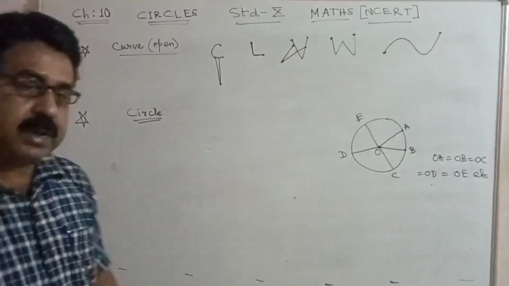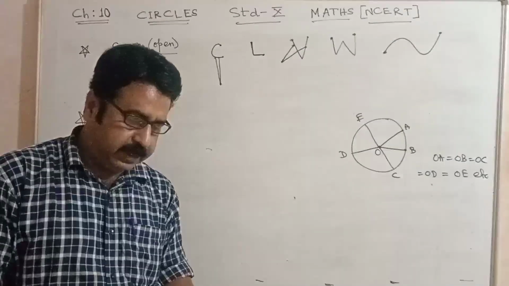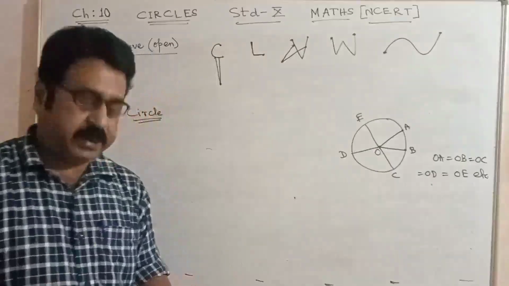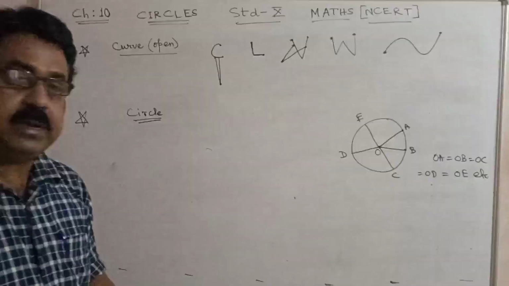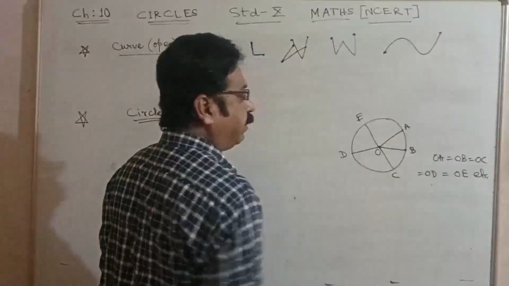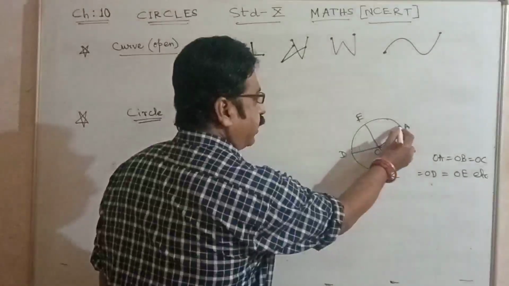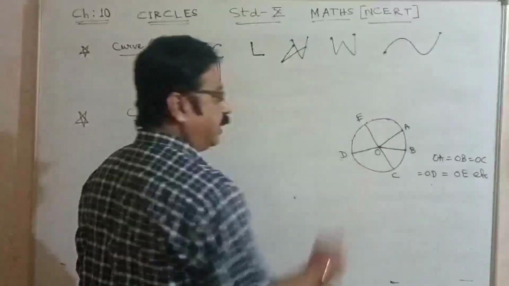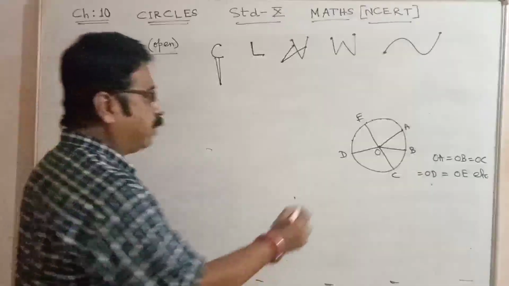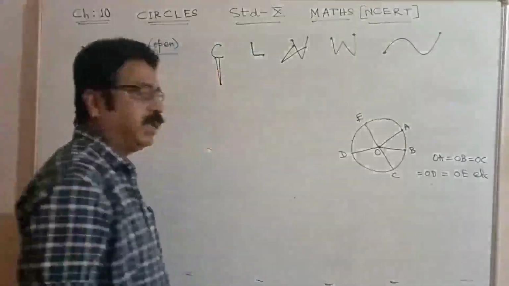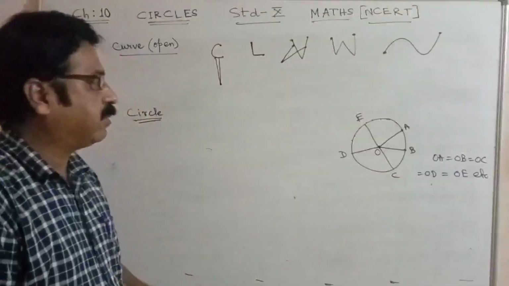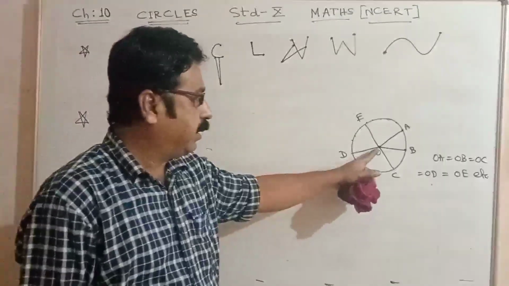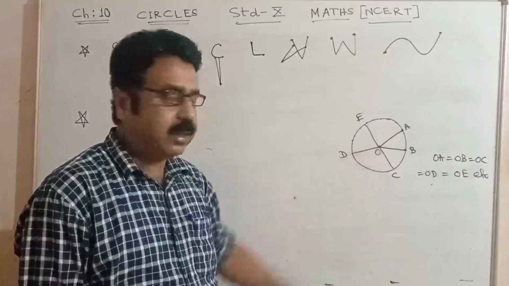Already in the book also the circle definition is given. A circle is a collection of all points in a plane which are at a common distance from the fixed point. This is the fixed point. The collection of all these points are located at a fixed distance from a fixed point, that means point O. This collection of points is called a circle, and this fixed point is called the center of the circle.